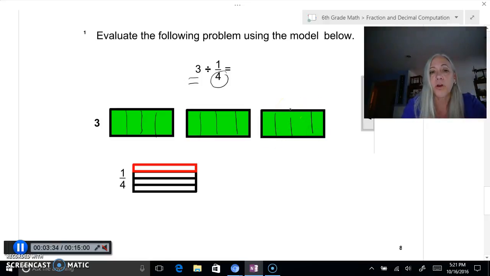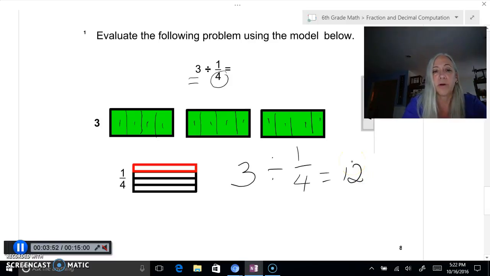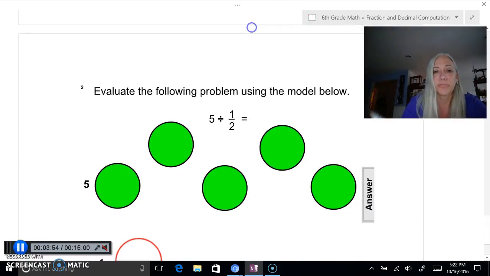So now we want to know how many total pieces do we have. Let's count it off. 1, 2, 3, 4, 5, 6, 7, 8, 9, 10, 11, 12. So that means that 3 divided by 1/4 equals 12. Good? All right. Let's move along.